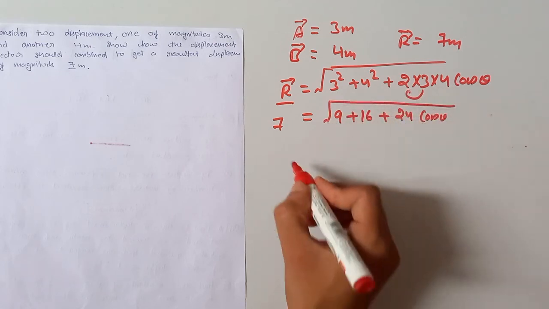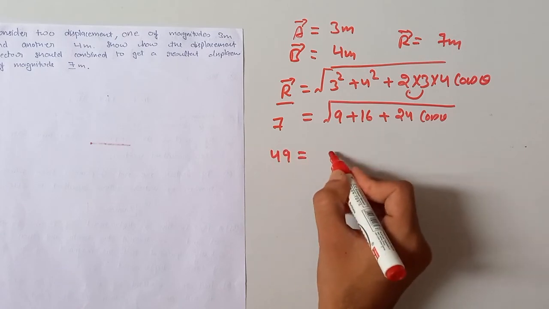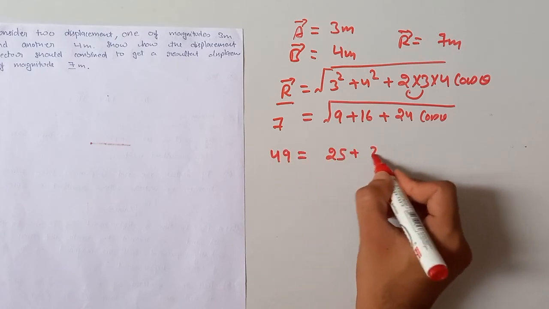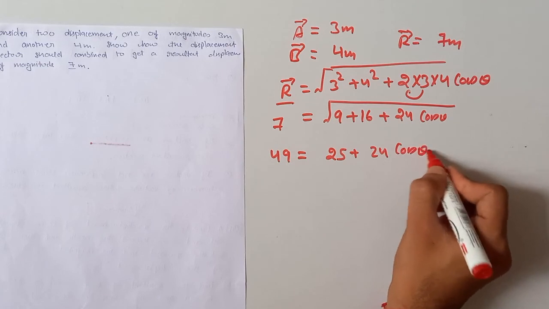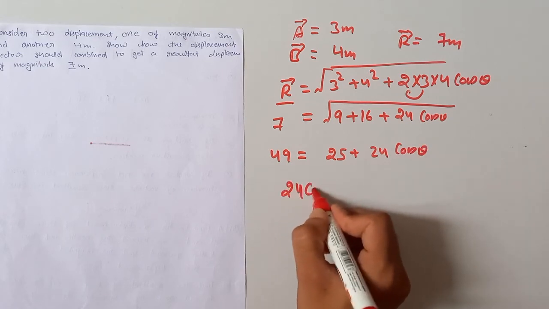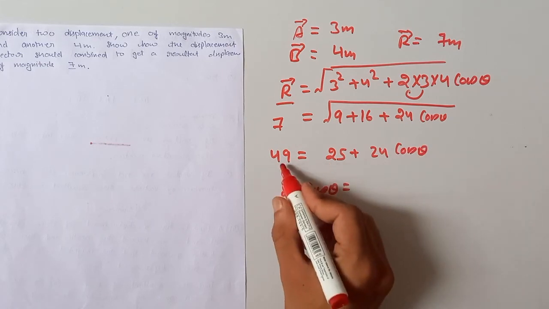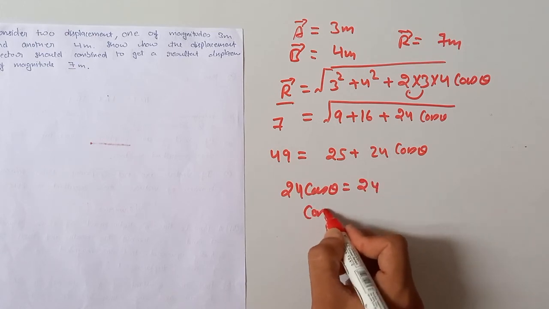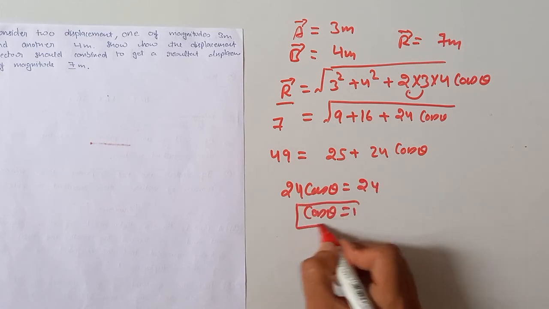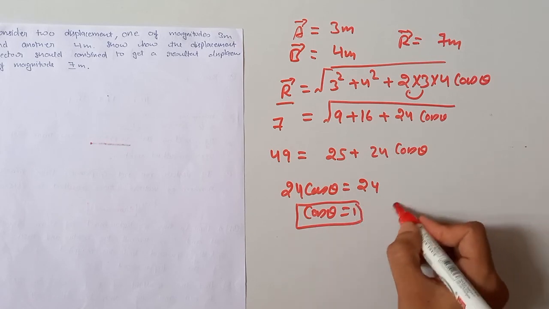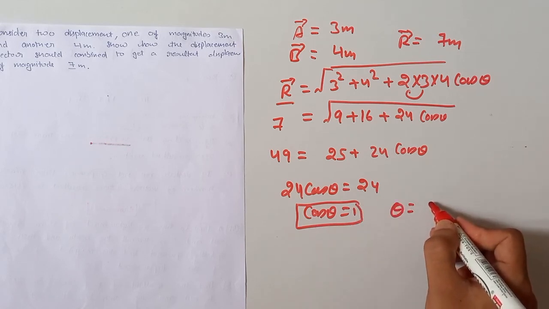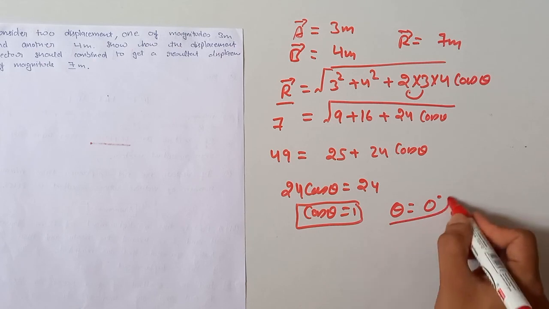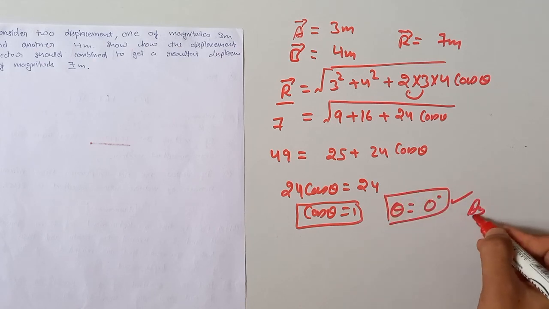Squaring both sides we get 49 equals 25 plus 24 cos theta. So 24 cos theta equals 49 minus 25, which is 24. This implies cos theta is equal to 1. If cos theta is 1, then theta is equal to 0 degrees. So this is our answer.